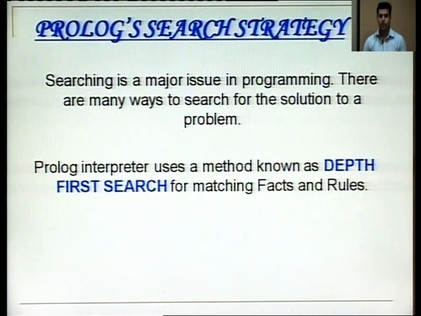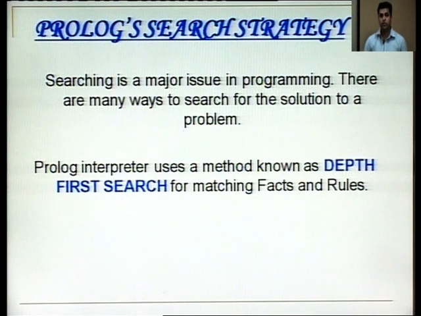Now there are a number of facts and rules in our program, that is the database of facts and rules. If the number of facts and rules is very large, you can't go for linear searching only. Linear search, all of you remember, is searching one element at a time in sequential mode. Now, what is the strategy of Prolog?